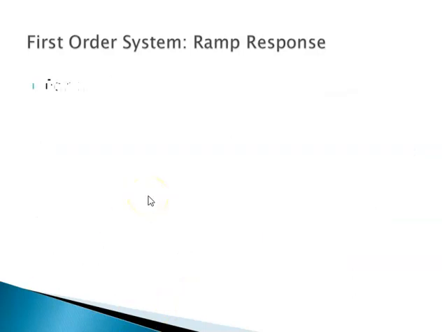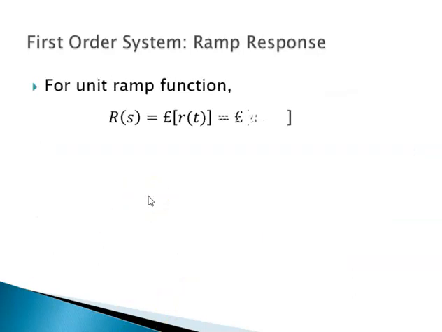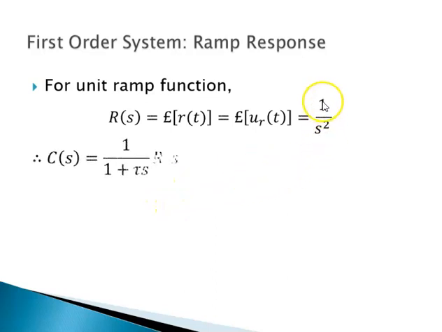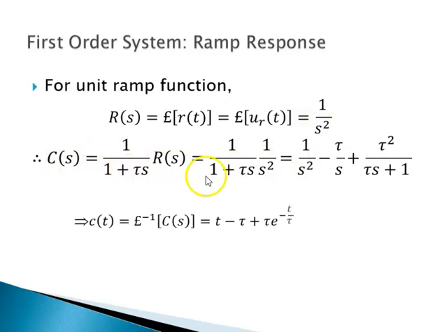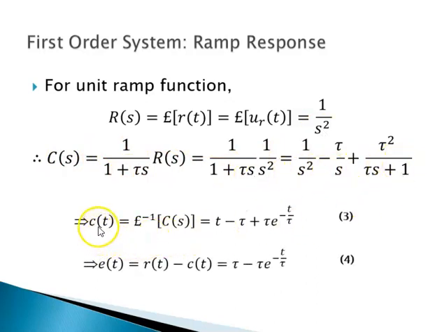We perform a similar analysis for ramp input, noting that its Laplace transform is 1 over s square. We write C of s, split it into partial fractions, and note that c of t comes out to be this. We define error e of t as the difference between input and output.